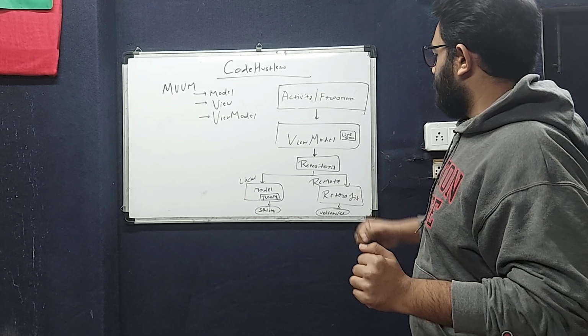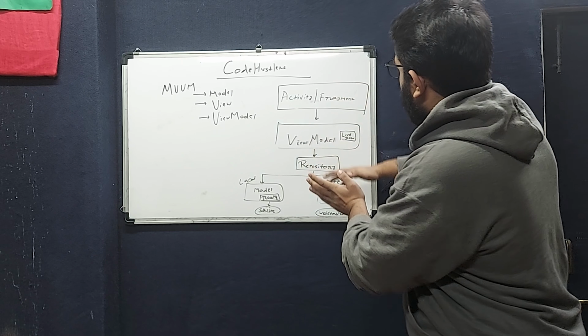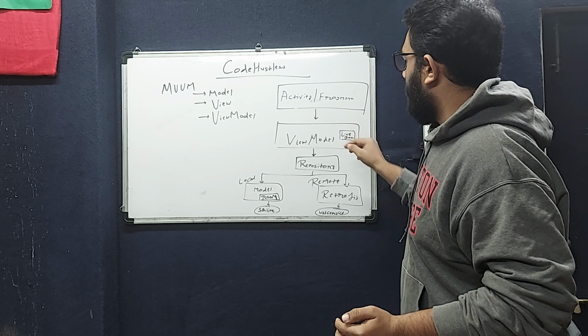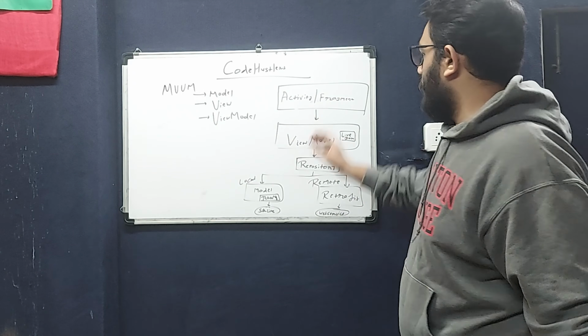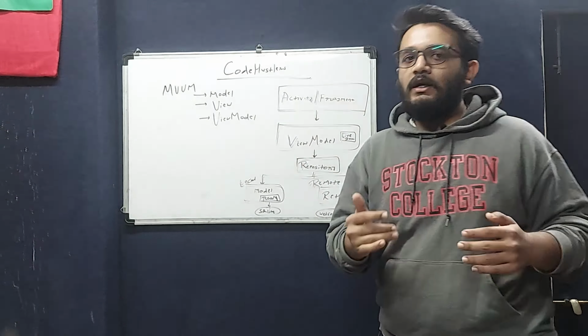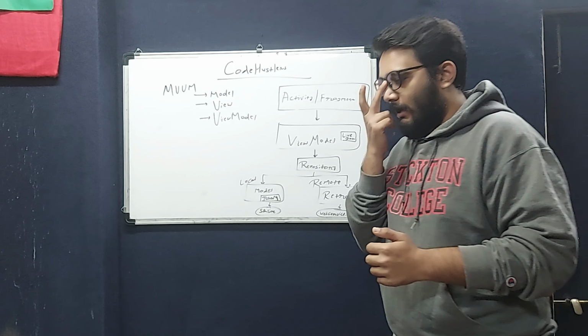So how does this separation happen? The activity or fragment will define views, and we'll bind these views with the ViewModel.